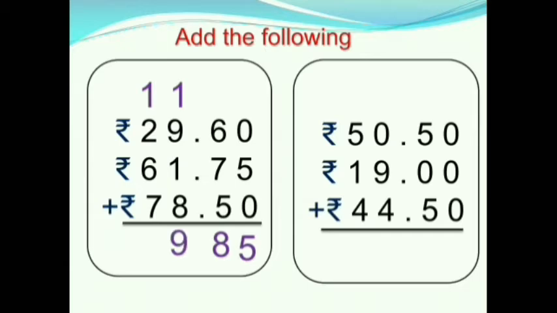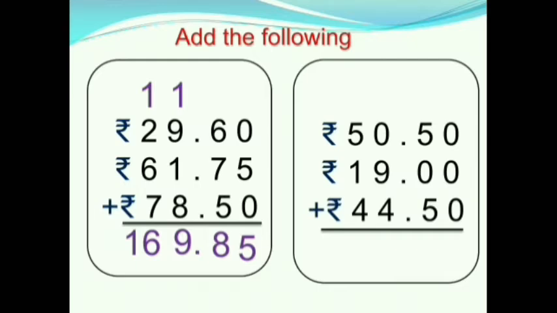Now we should add 1, 2, 6, 7. 1 plus 2, 3. 3 plus 6, 9. 9 plus 7, 16. Therefore, 29 rupees 60 paise plus 61 rupees 75 paise plus 78 rupees 50 paise is equal to 169 rupees 85 paise. See the next question.